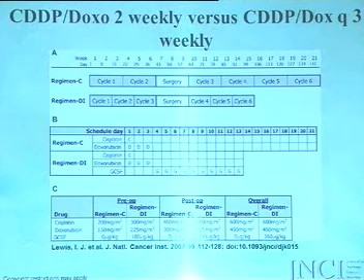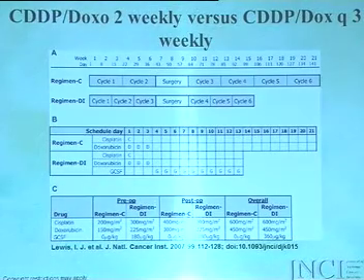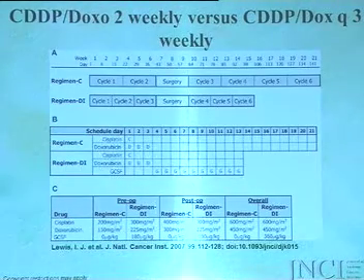The proportion of patients having higher necrosis was more in the group that received chemotherapy every 2 weekly, but there was no difference in the ultimate outcome. And it actually challenged the whole idea that good necrosis is better for predicting survival.